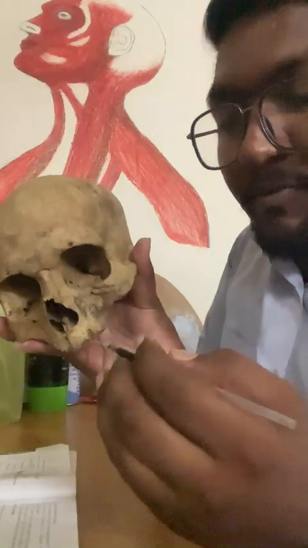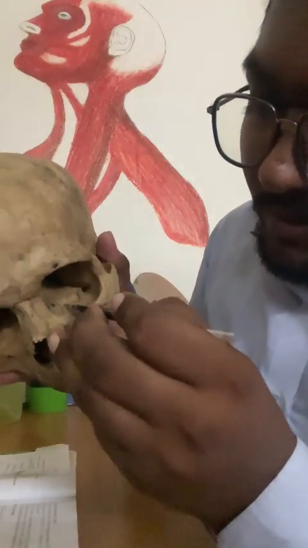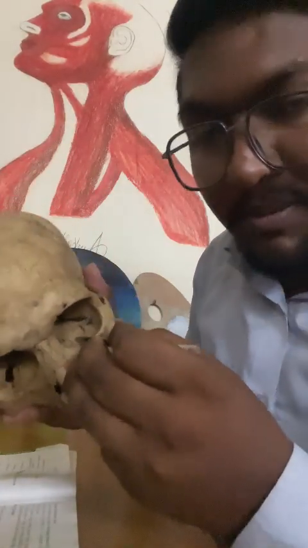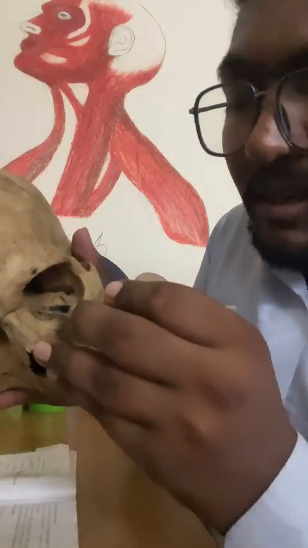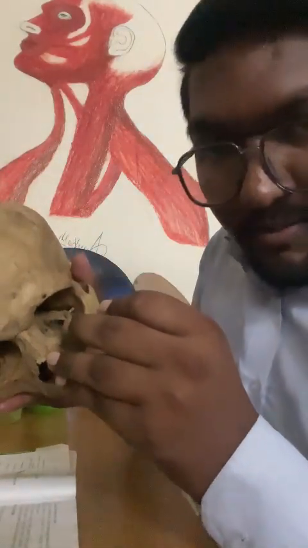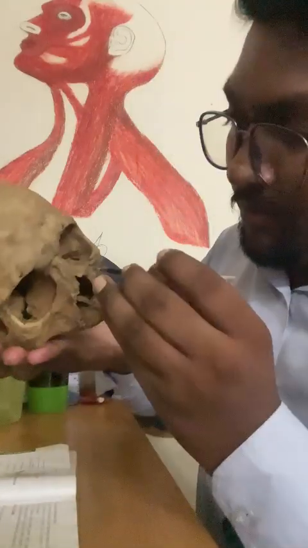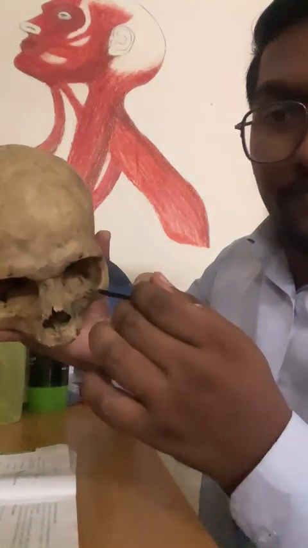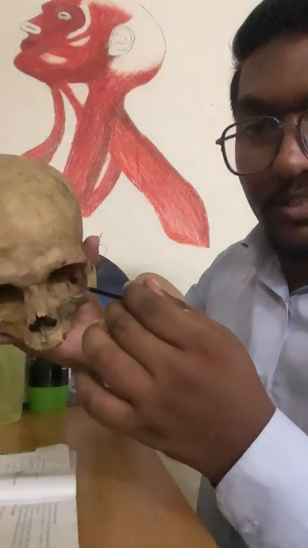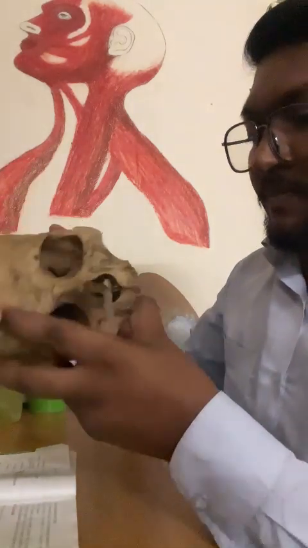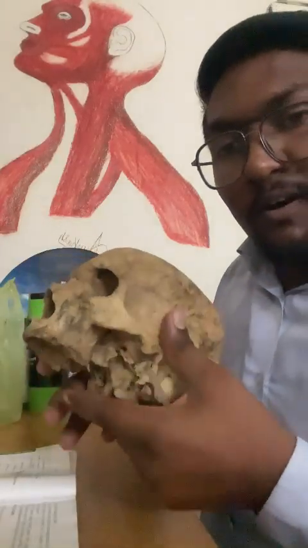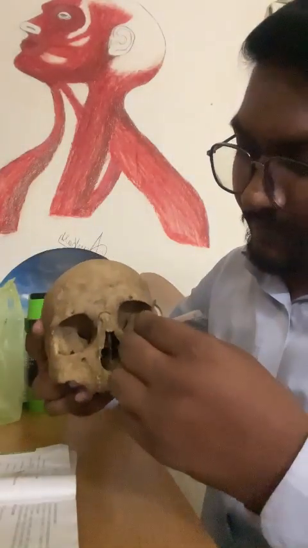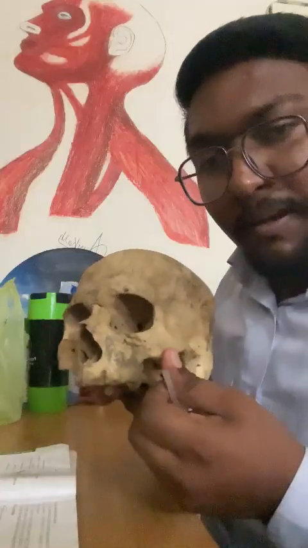Let me repeat once again: the orbital surface of the maxilla articulates with the lacrimal bone, the ethmoid bone, and the palatine bone, a small piece of which is present, and here it articulates with the zygomatic bone. Here we can see this is the zygomatic bone. This is about the orbital surface of the maxillary bone.